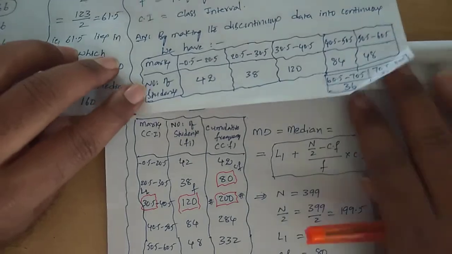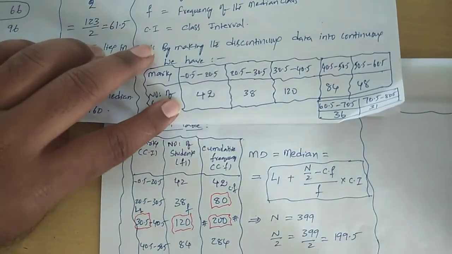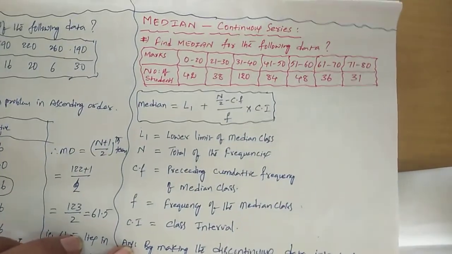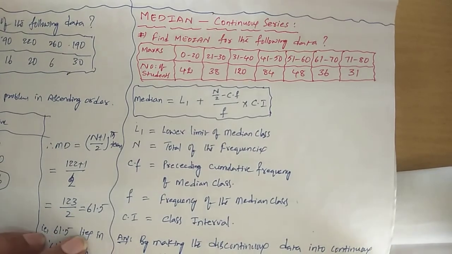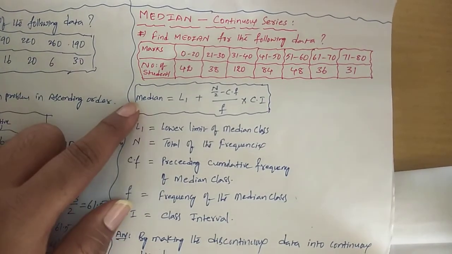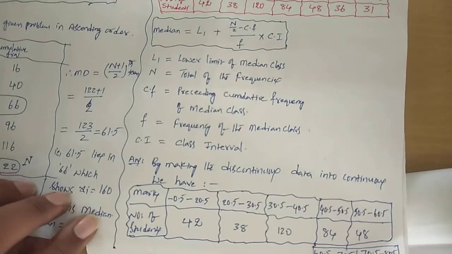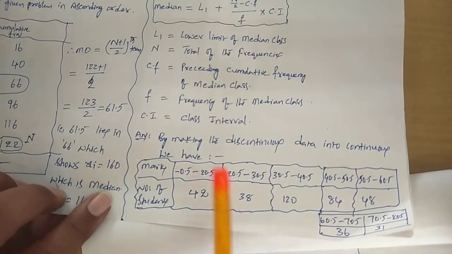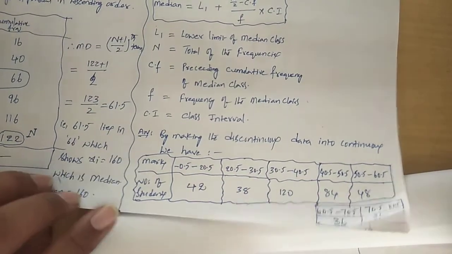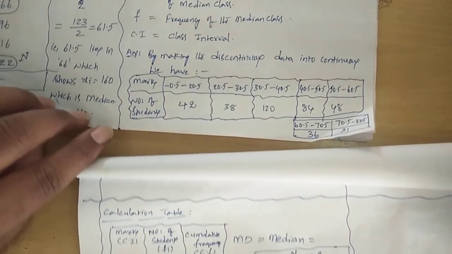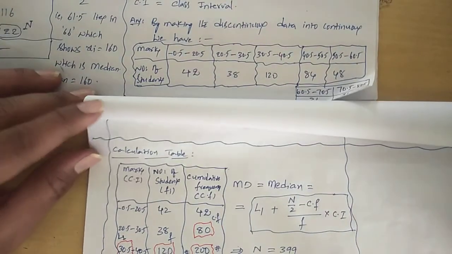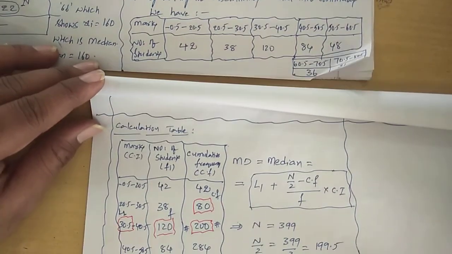Okay. So this is the data given to you. The median formula, converted into continuous data. Okay. And after that, calculation.